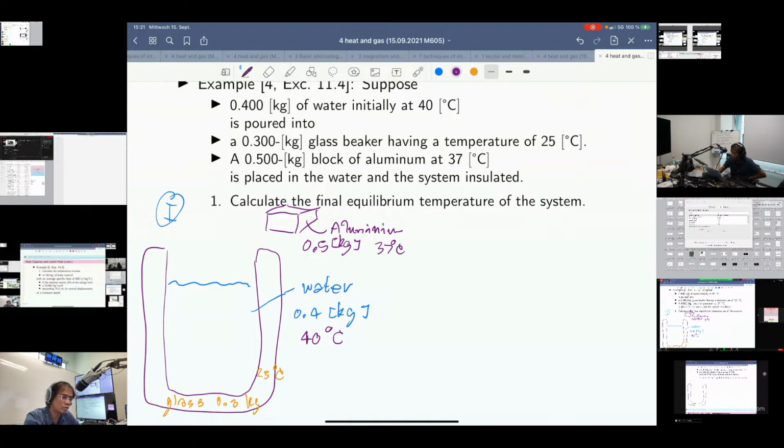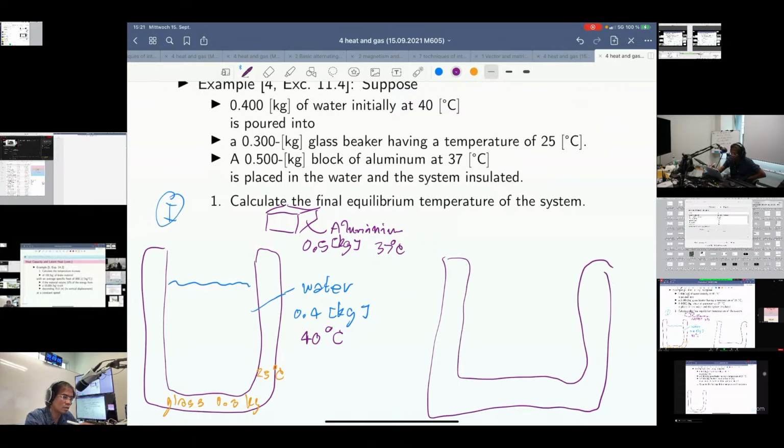Okay, and now you combine all of this stuff together, and the piece of aluminum stays at the bottom of this glass.